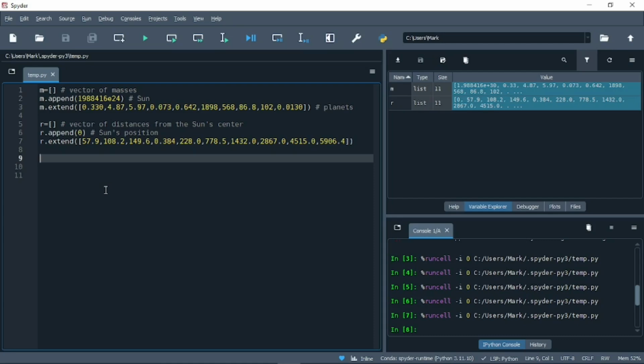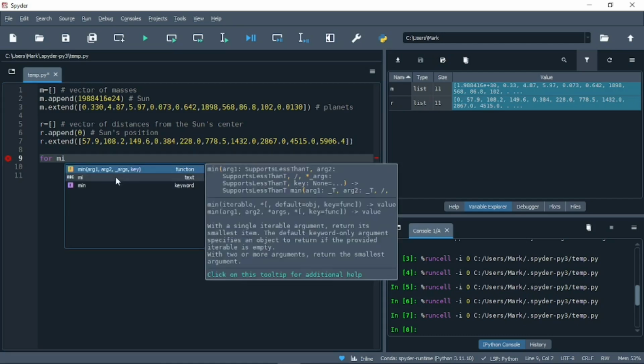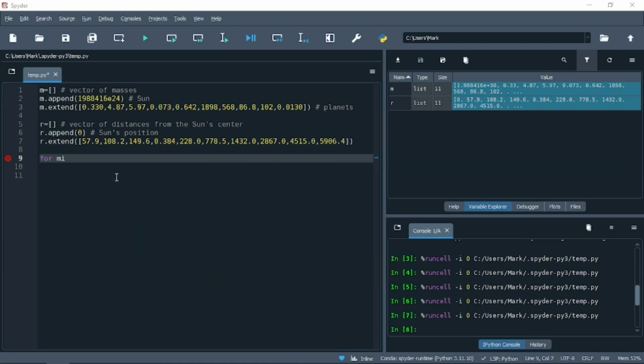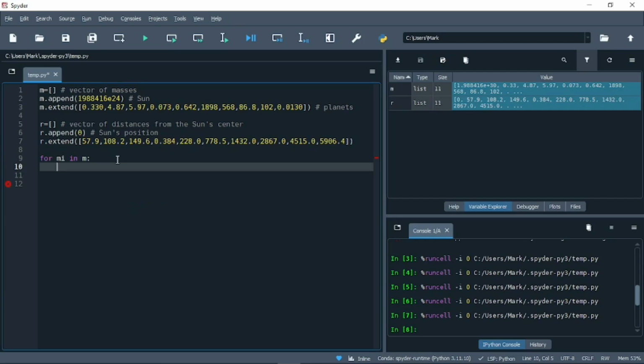So we start with a for loop, mi for mi in m. Maybe it works. Let's see.